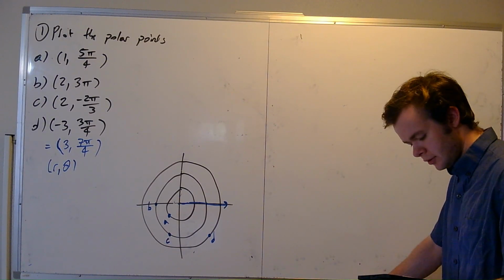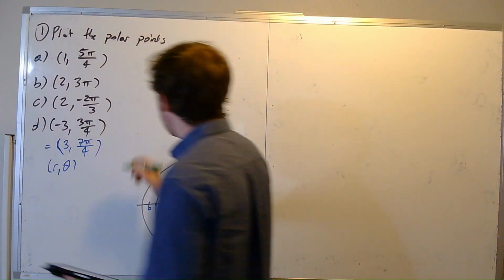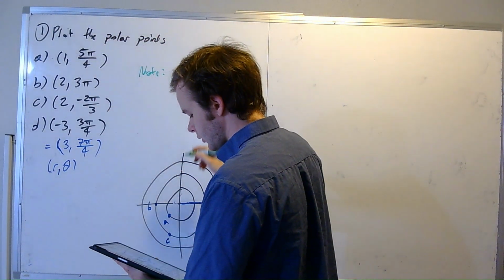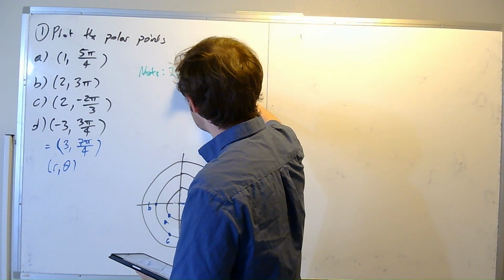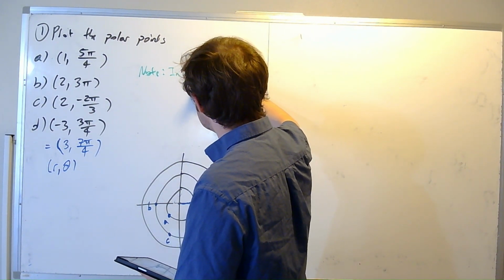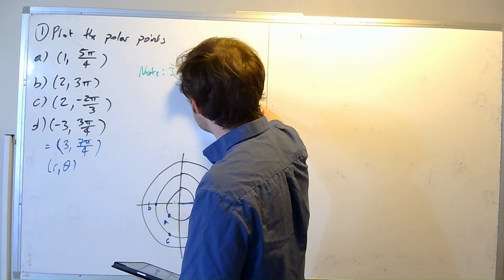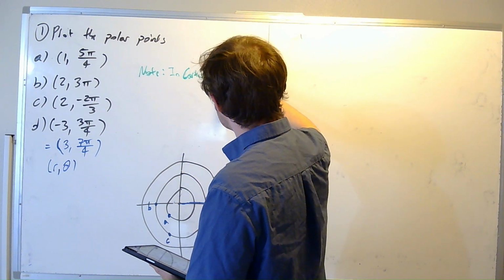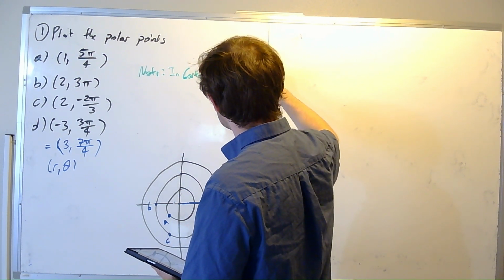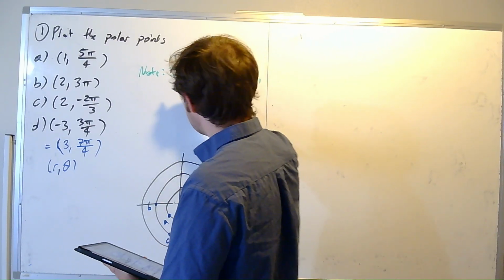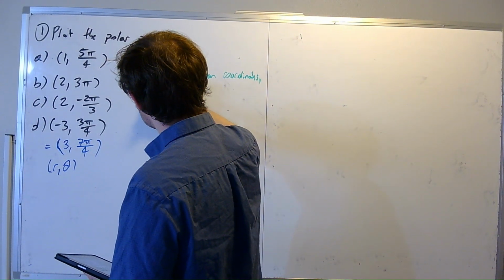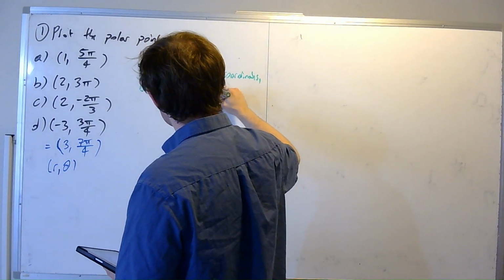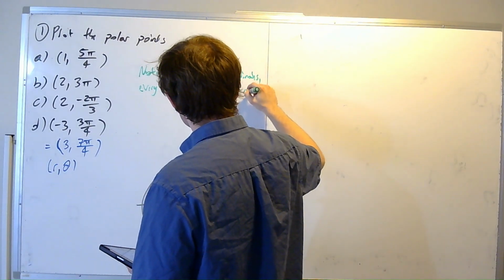So something I should note here. We're done with the example, but something I'll note is that in Cartesian coordinates, every point has exactly one representation.